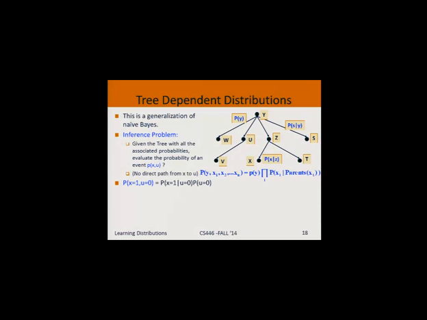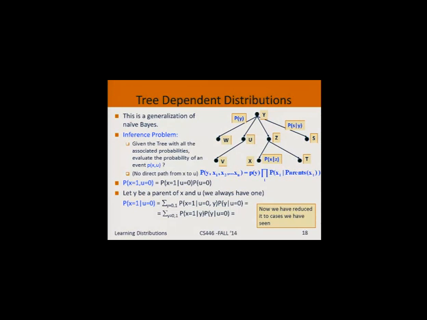So the way I'm going to do it is, again, P of x and u is P of x given u times P of u. I'm going to climb up from x until I get to a parent, which is going to be y here. So I'm summing, marginalizing over y, P of x given u and y, P of y given u. And again, due to the independence assumption, I don't care here about u.